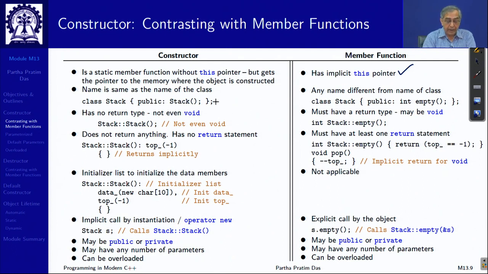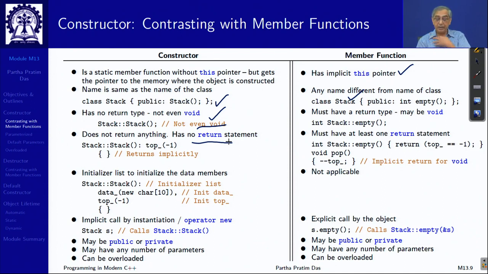Data members do not have that. The constructor has the same name as the class, while member functions must have a different name. Constructors do not return anything. Not only that, they do not have a return type, not even void, because construction is a process which establishes the object, and then the control has to come back. There is nothing else it can come back with, and nothing required to say that there is a void return. So there is no return statement either.